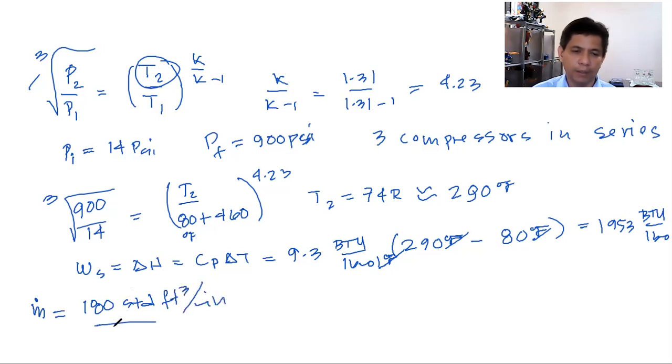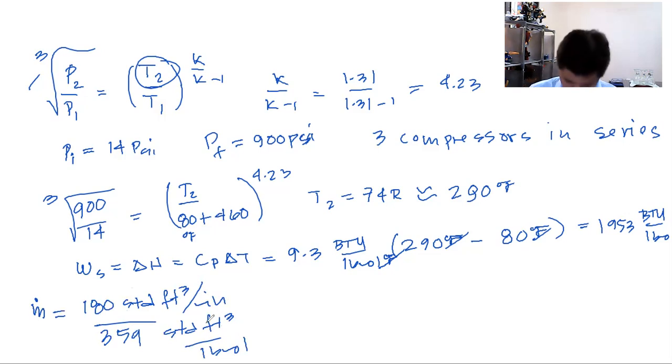So we simply divide this by 359 standard cubic feet per pound mole. So as you can see, this will be pound mole per minute. And we don't need to convert this actually to mass flow rate, even n dot only is fine, because our WS is per pound mole.